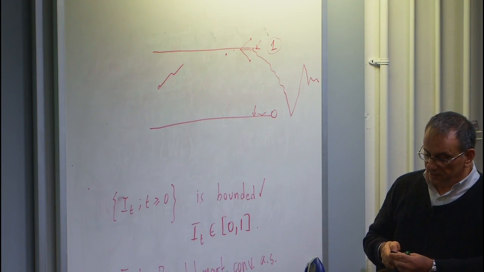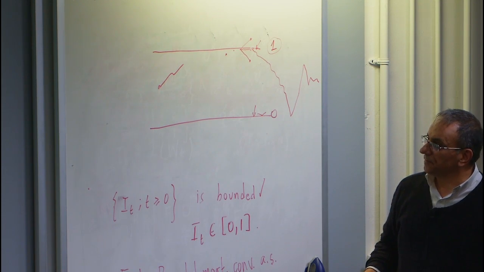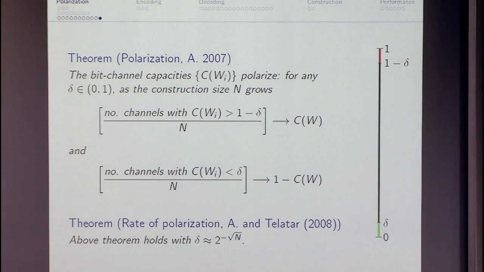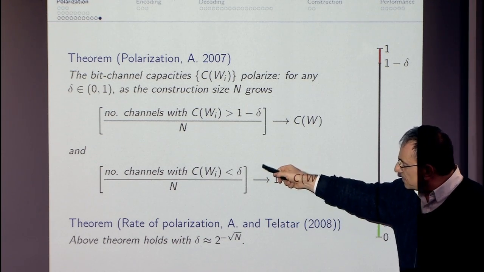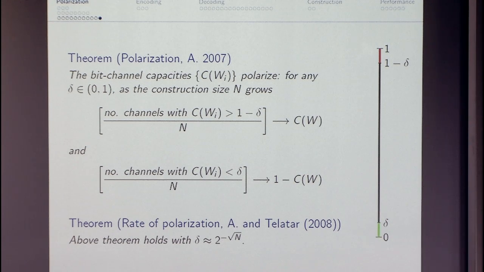Okay, so let me move on. This is already what we have said. This result here, and what I have shown here, does not tell you anything about the rate of convergence. Unfortunately, martingale theorems, although very powerful, have no general rate of convergence results, as far as I know.